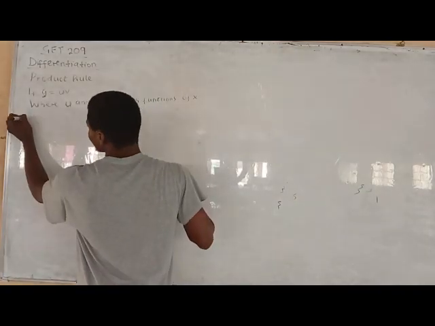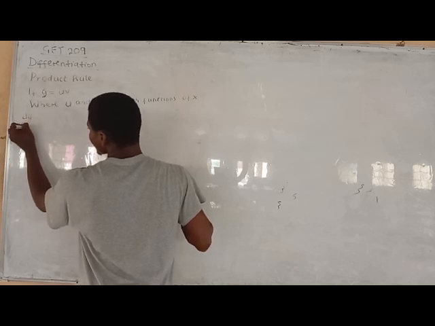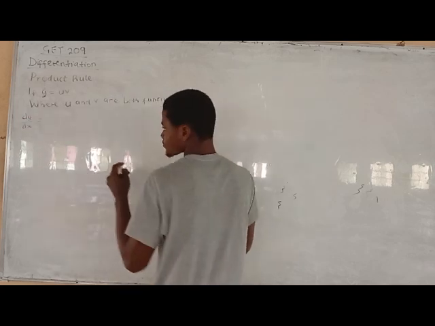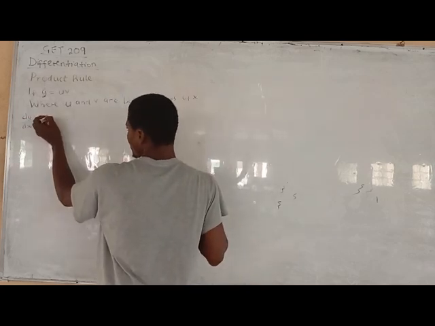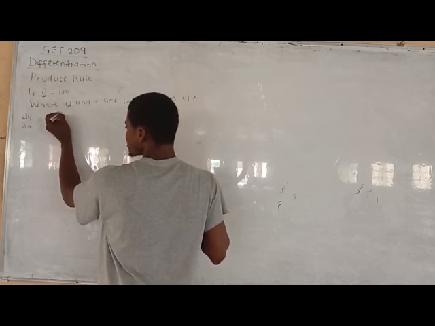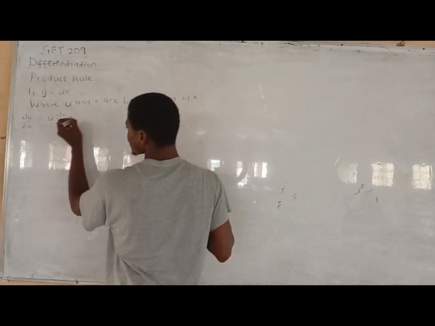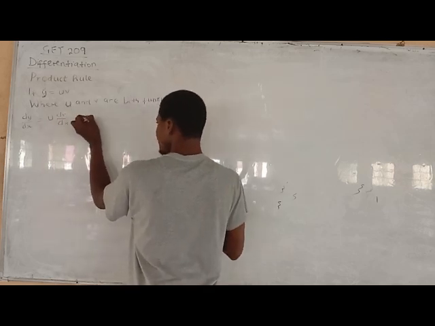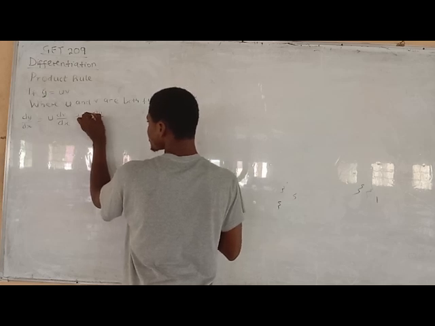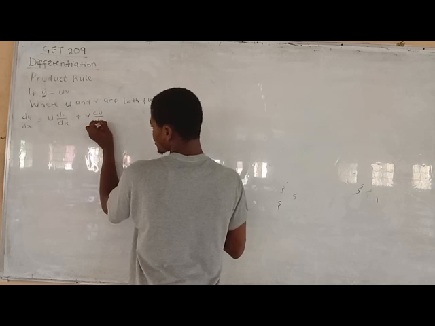this means that dy over dx equals u times dv over dx plus v du over dx.